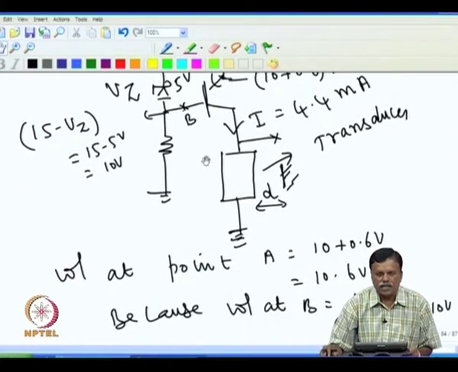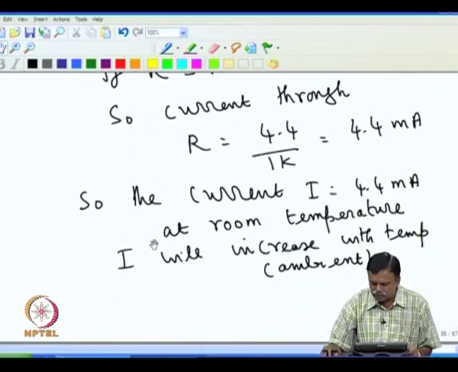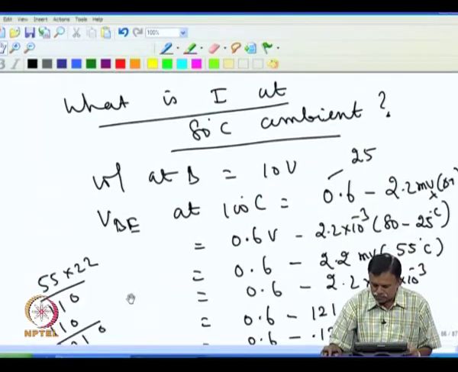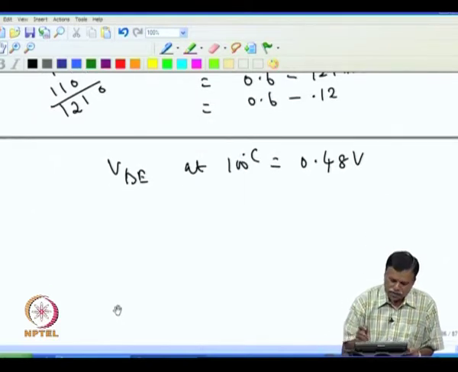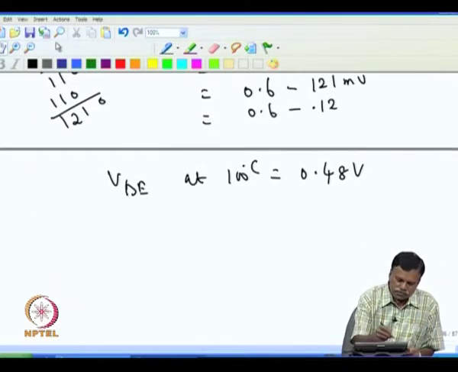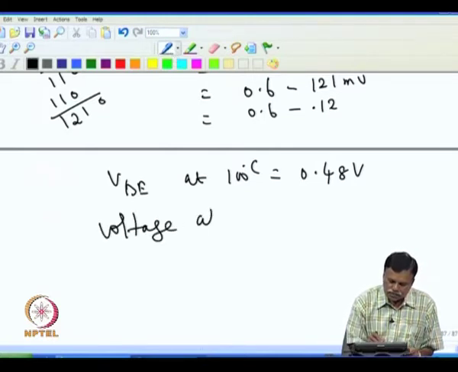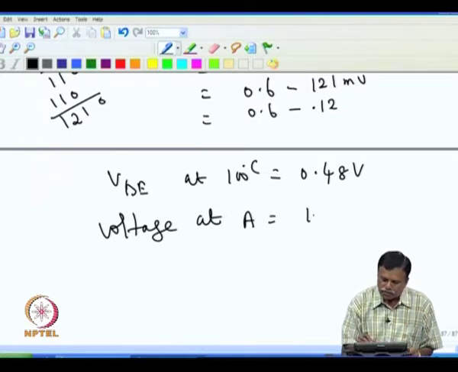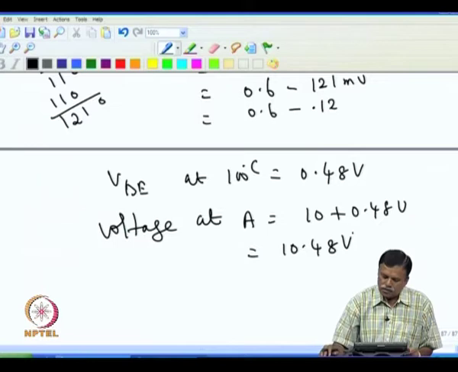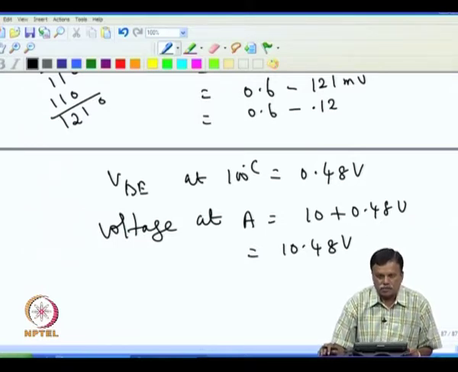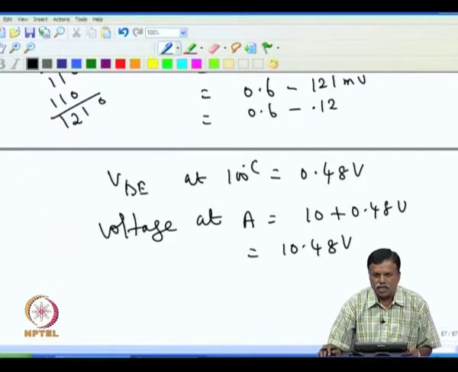Voltage at A would be 10 plus 0.48 volt, that is 10.48 volt. So at the higher temperature the voltage at A is 10.48 volt, whereas at 25 degree C the voltage was 10.6 volt. So effectively at high temperature the voltage at A has decreased.